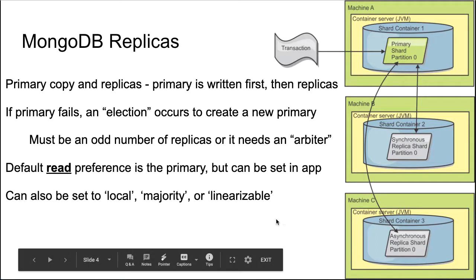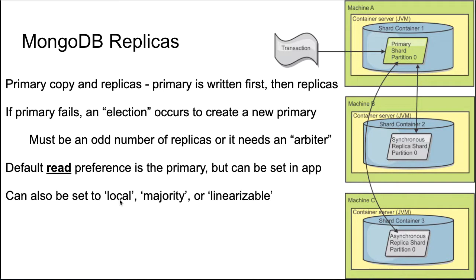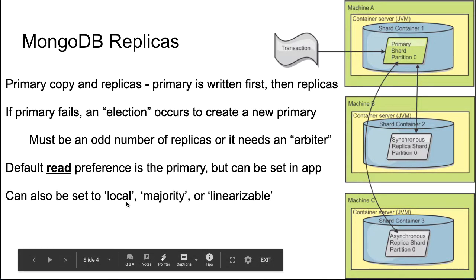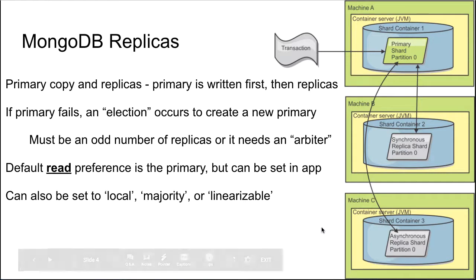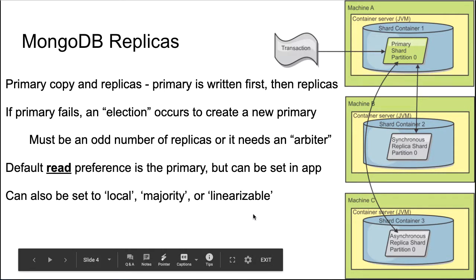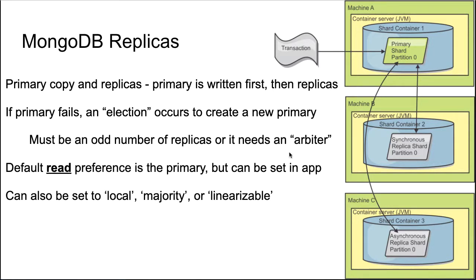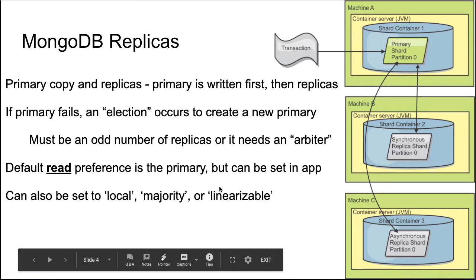So you can have local, which means that I only am interested in the data on my local machine, or my priority is the local machine. You can say majority, which means make sure that the majority of these servers agree, or linearizable, which just means that the data, like I'm searching linearly through this to get the most accurate data.